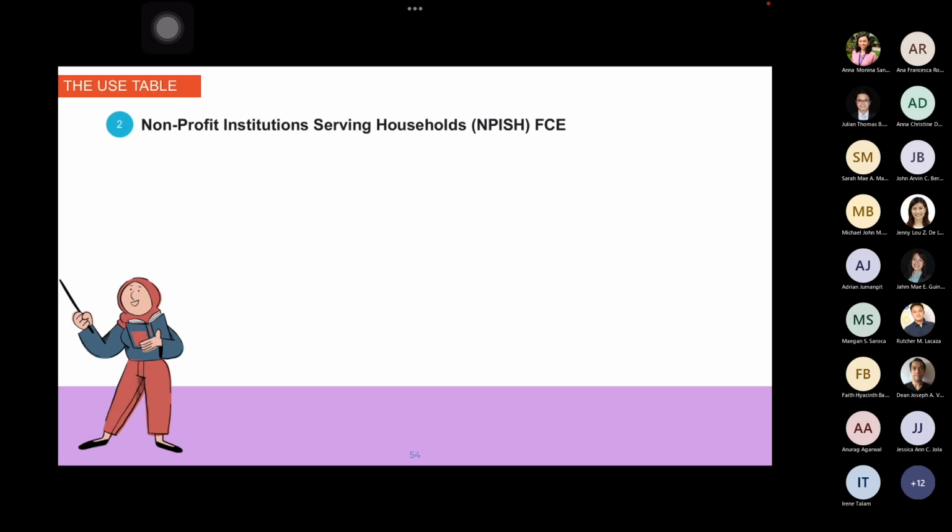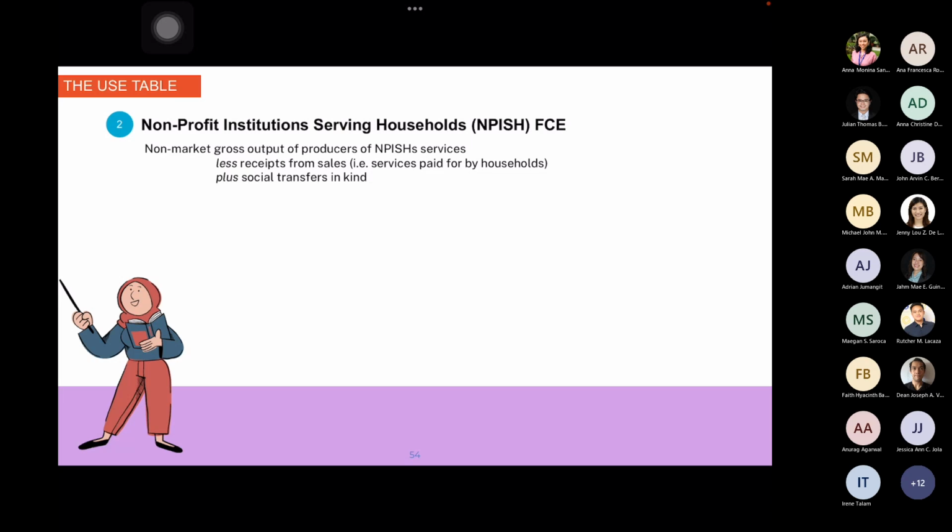Okay. So next we have non-profit institutions serving households. So this includes trade unions, political parties, religious and charitable organizations, as well as sports and recreation associations. So in many economies, this expenditure is included in the HFCE, but the SNA recommends showing their consumption expenditure in a separate column.